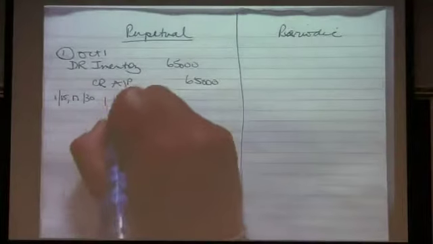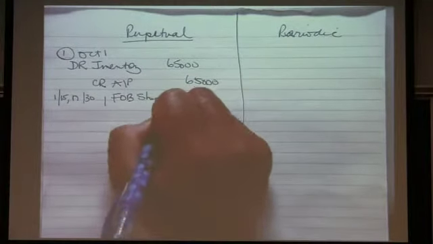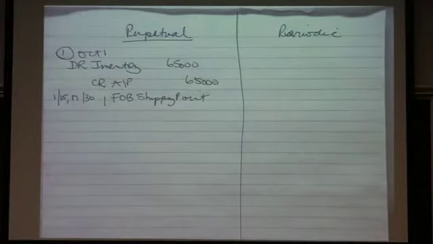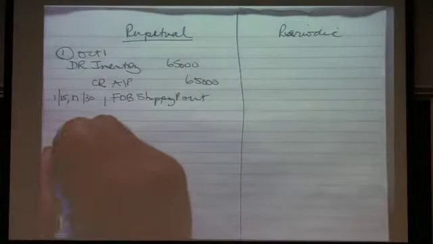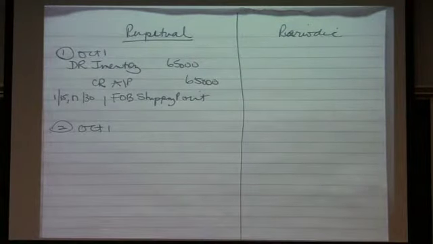Now, this is called FOB shipping point. It's important to note the shipping terms because that will dictate who pays for the shipping cost. In fact, on October 1st, the shipping freight charges of $2,000 was paid by the appropriate party.